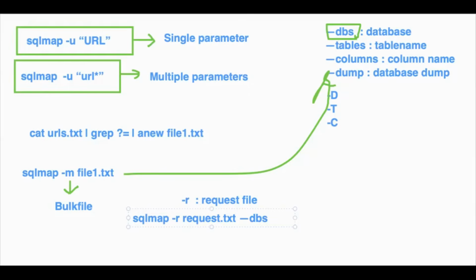Now, sometimes when you provide a URL into SQLMap, your server or your firewall will block your request, because SQL statements are coming back and forth.